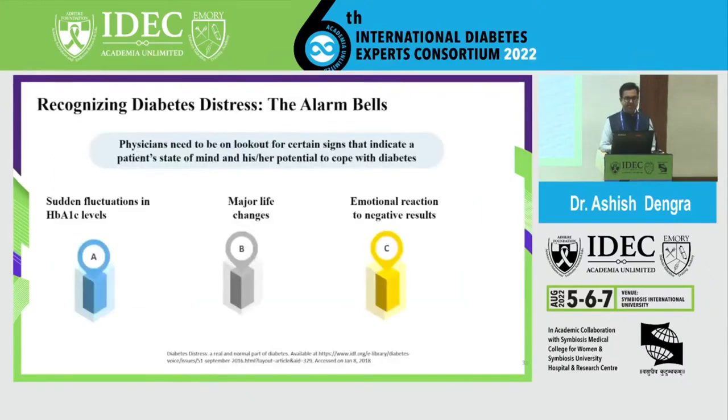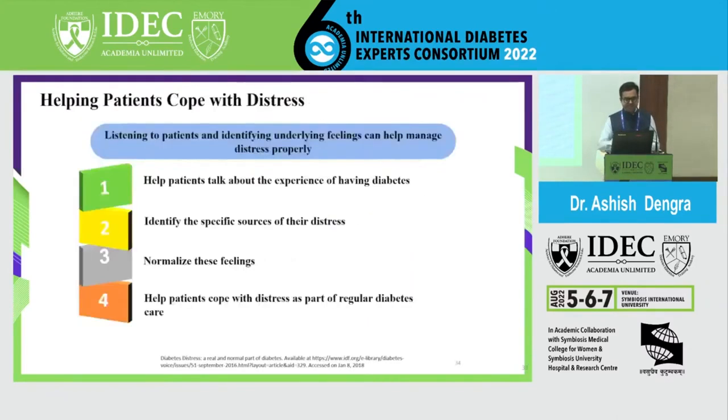So my dear friends, the clinical pulse, the alarm is belling. You have to diagnose these patients at an early stage to prevent sudden fluctuation in A1C levels, to prevent major life changes and emotional reaction to negative results. You have to diagnose this DD very early in the stage of diabetes patients, which we are missing.